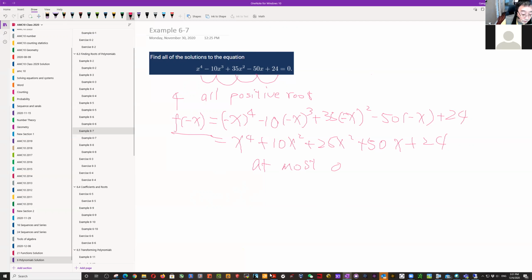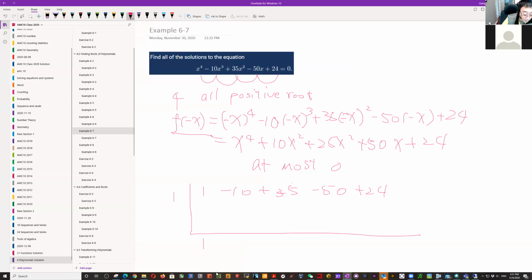So we can use 1 minus 10 plus 35 minus 50 plus 24. We're going to do this problem knowing that 1 is a solution.